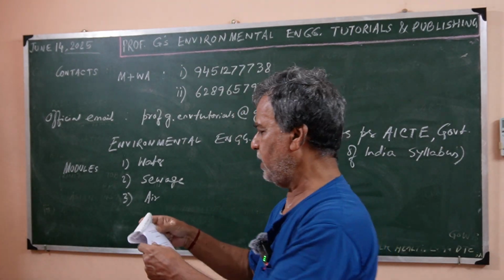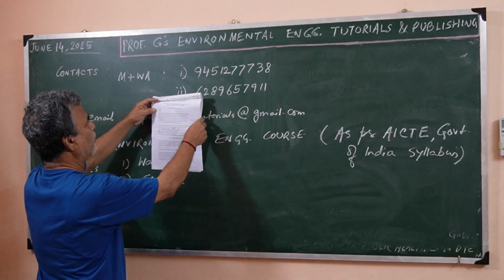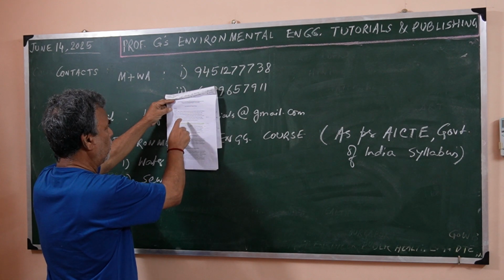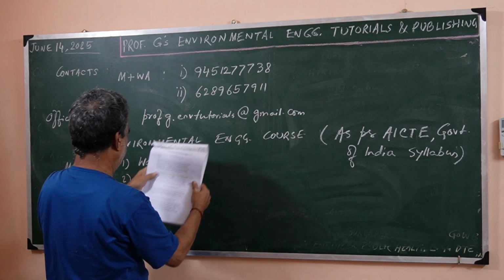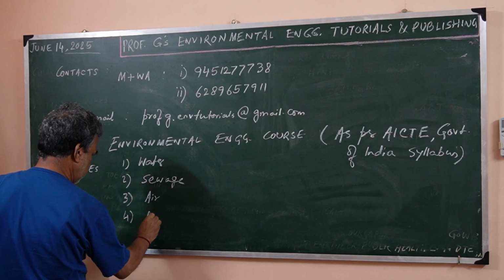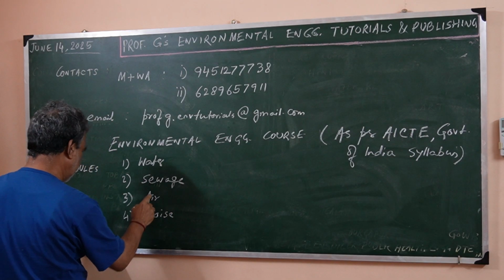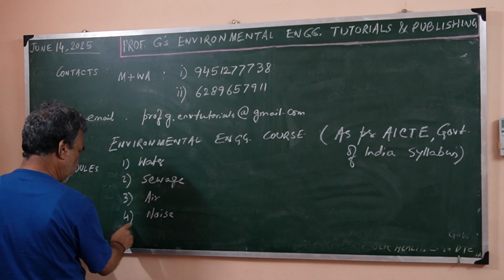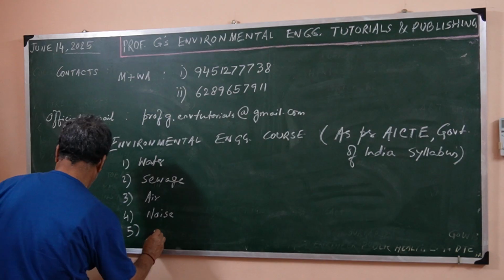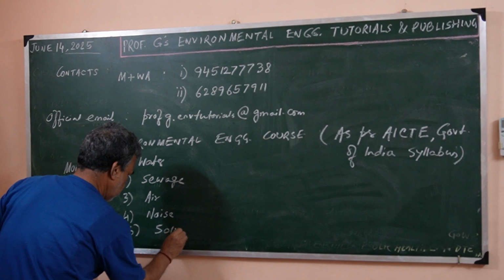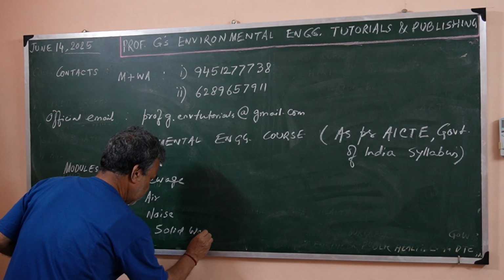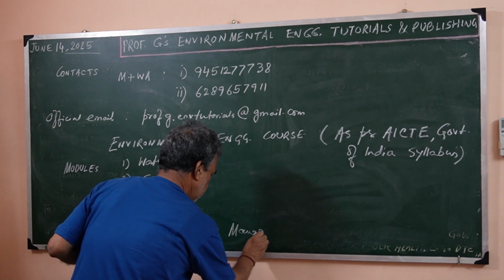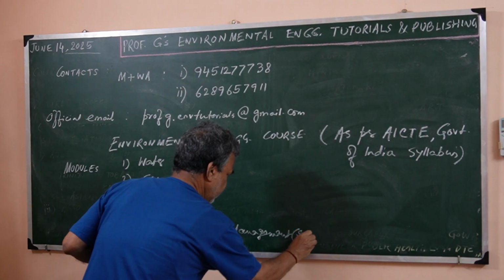The AICTE model curriculum for undergraduate degree in civil engineering, engineering technology, environmental engineering, has 5 modules: water, sewage, then the third module, on air, the fourth module, noise, and the fifth module is solid waste management, also abbreviated as SWM.